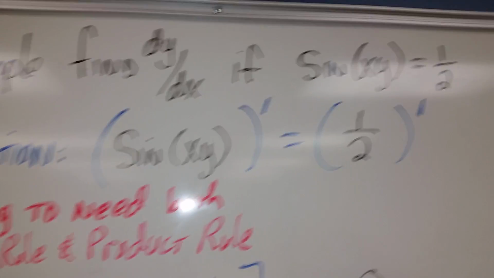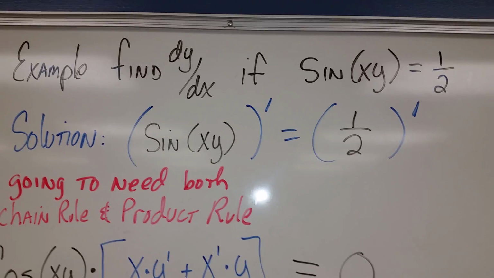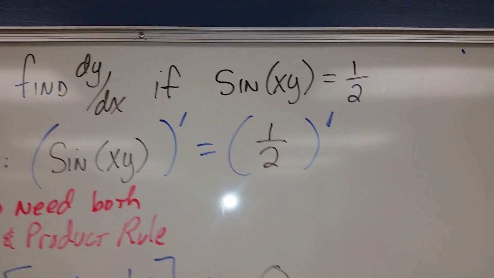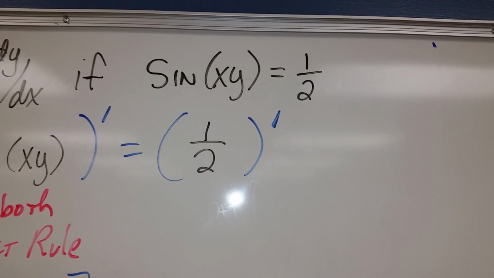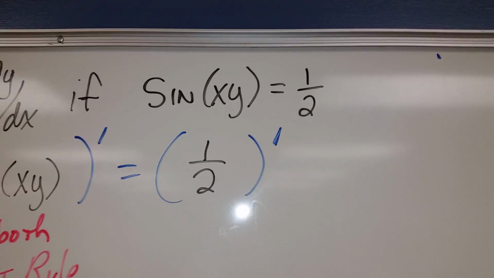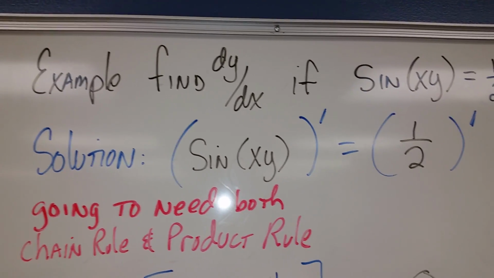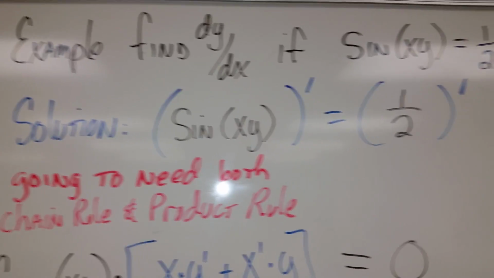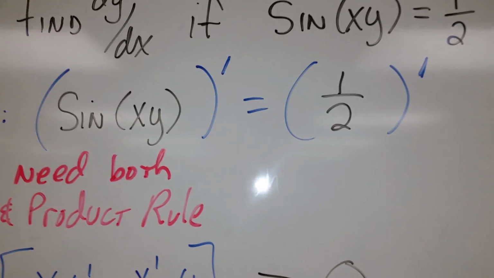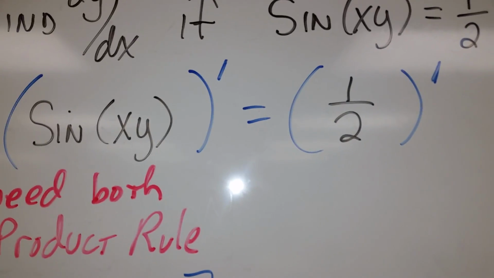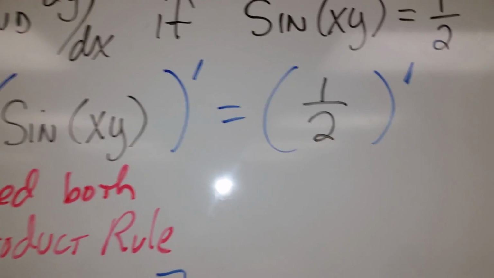Another example, this one wasn't in the book. So what if we had the equation sine of the product xy equals 1/2, and we wanted to take the derivative of that with respect to x? Well, we're going to go ahead and take the derivative of each side. The right side's going to be great, it's a constant, and the derivative of a constant is 0.